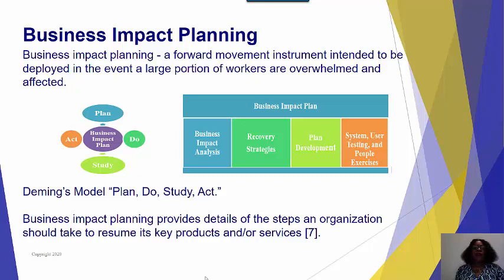We have business impact analysis, recovery strategies, plan development, then system user testing and people exercises. All of these things must be done in terms of business impact planning. This type of planning offers details of the steps an organization should take to resume its key products and or services.